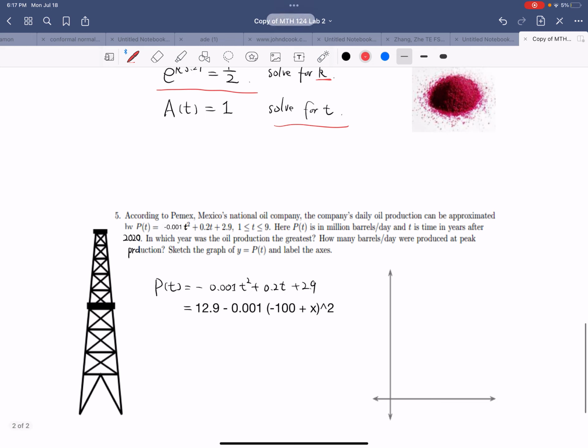Similarly, you need to complete the square of this quadratic function. After completing the square, you get this. As you can see, at x equals 100, you get the maximum amount, which is 12.9. This is the max amount.